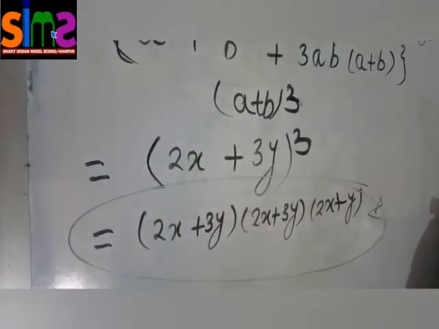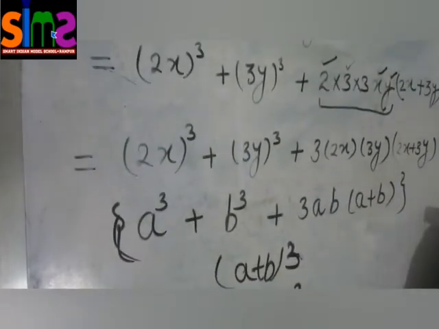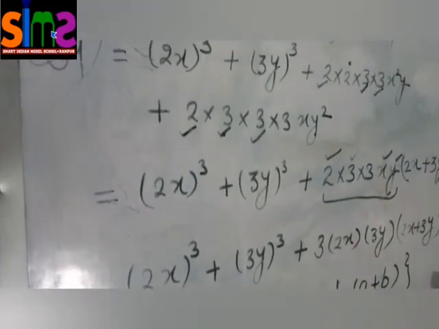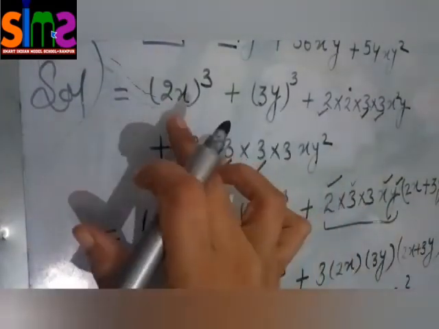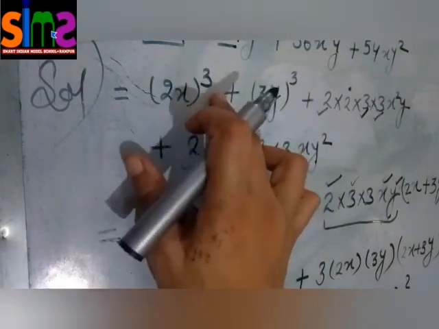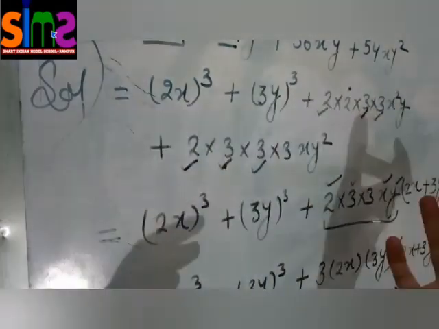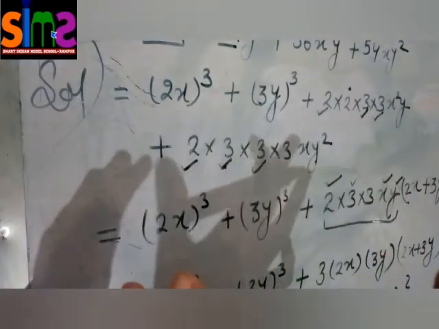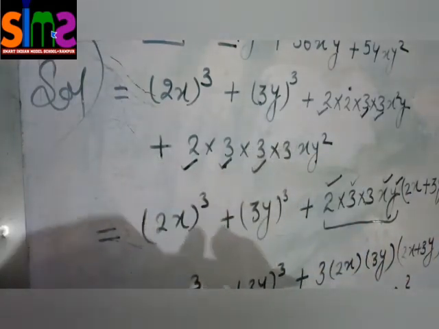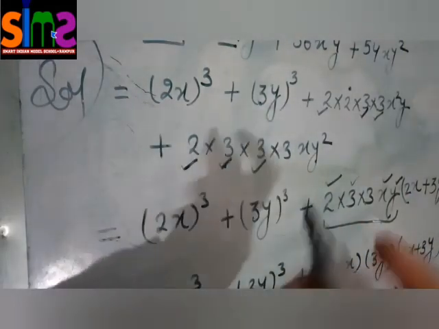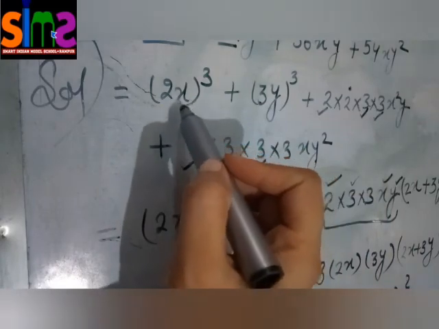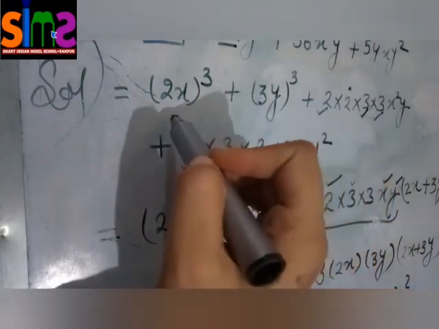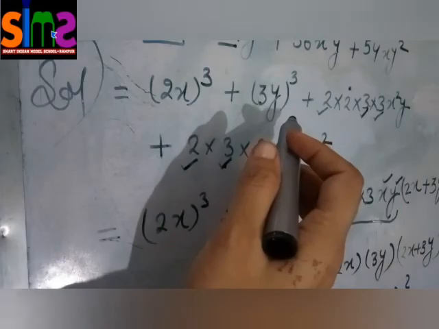But still, if you have any doubt, bachcho, you need to just recognize this factorization from your first 2 things, a cube plus b cube. It means the remaining terms will be the rest of the terms of expansion of whole cube of a plus b, means whole cube of 2x plus 3y.